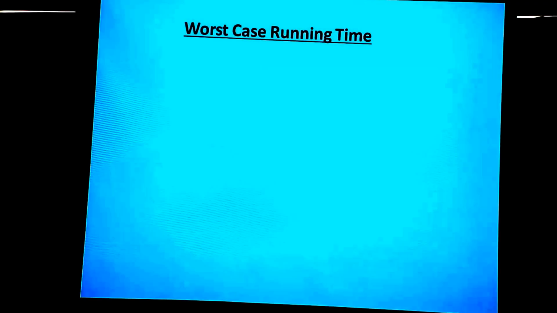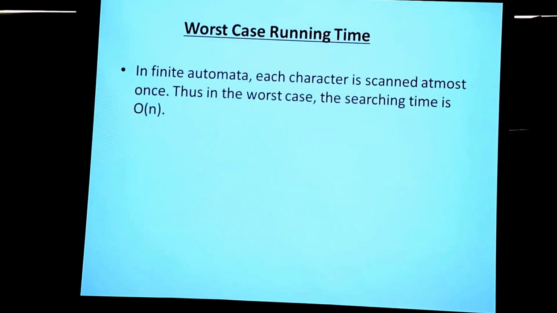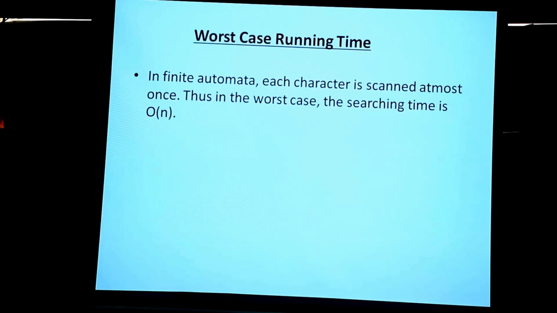What's the worst case running time? Having constructed the finite automata and kept it aside, since the pattern is small, we can do that in time m times the size of the input alphabet. Now let's see how much searching time.